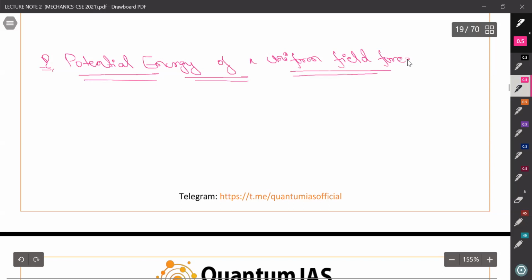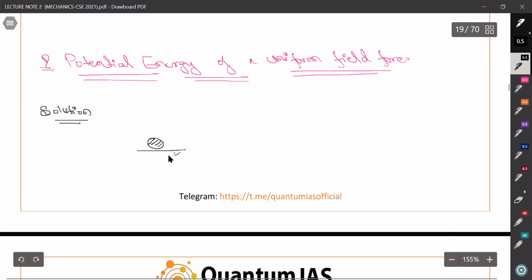So we need to get this. For example, if we write out the work done, suppose gravitational is a field.